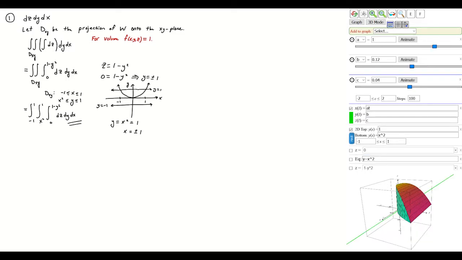All right, for the next bit, we're going to go ahead and do the triple integral in the order dx, dz, dy. Now for this order, we are going to imagine poking our solid region with a line or rod parallel to the x-axis.